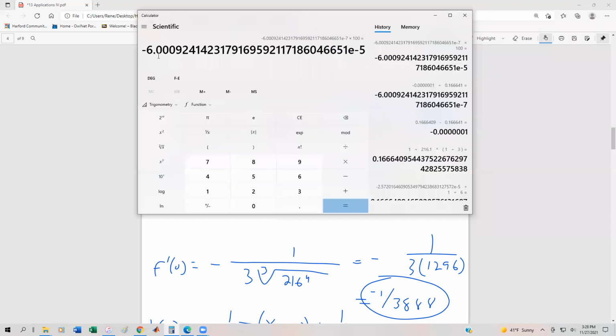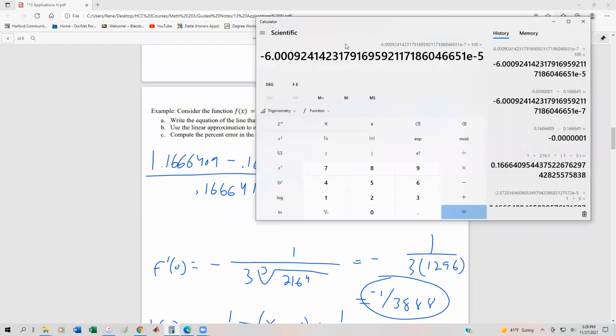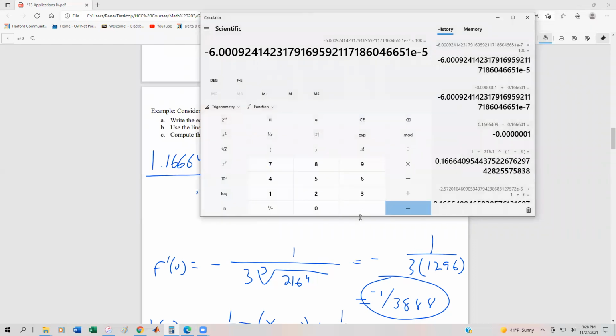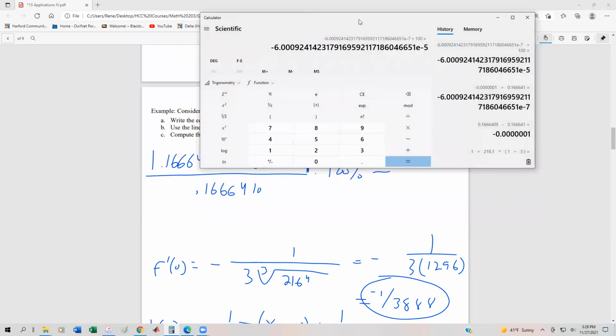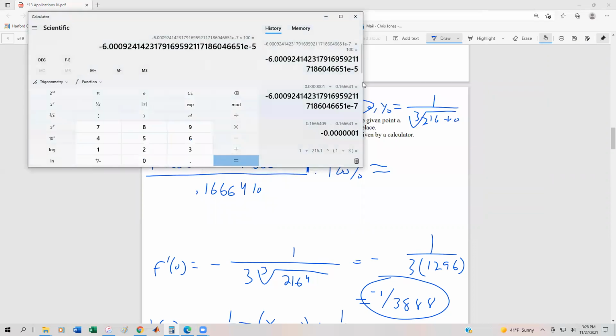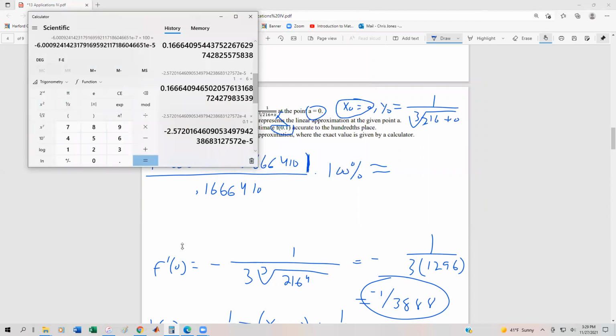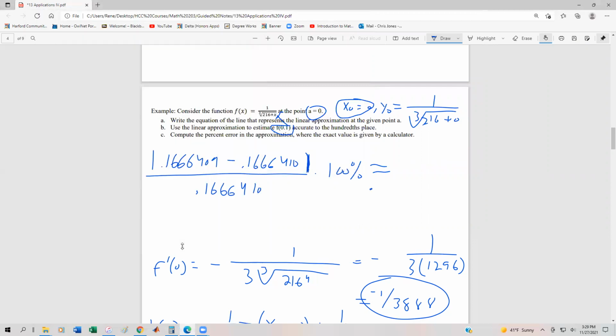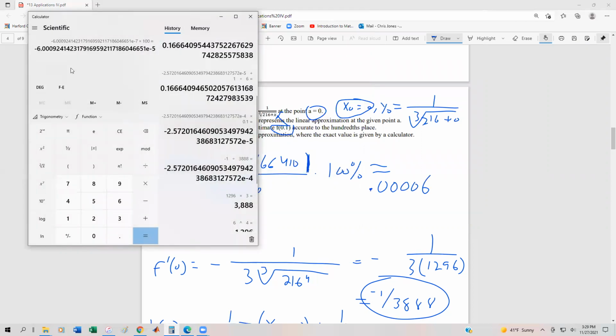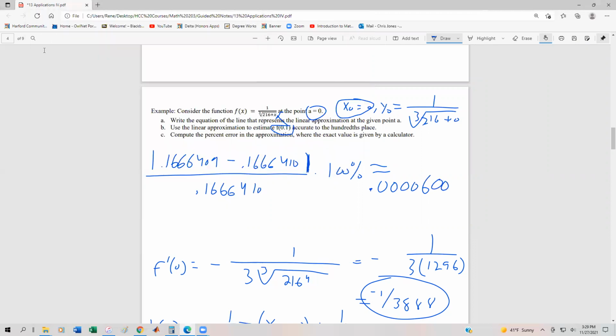Now we're going to move the decimal point 5 places to the left. We're going to ignore that negative sign because everything's an absolute value. So if we move the decimal point 5 places to the left, this is going to be 0.00006, and this is a percent.